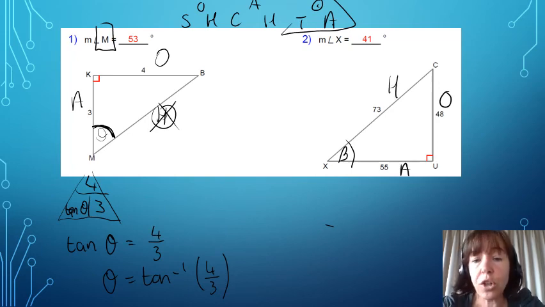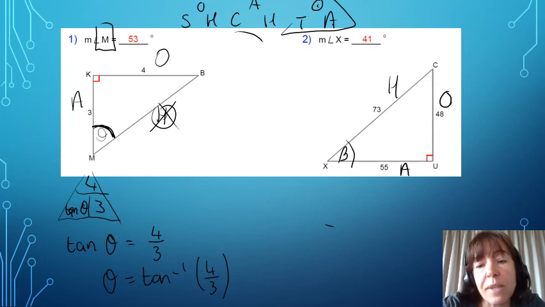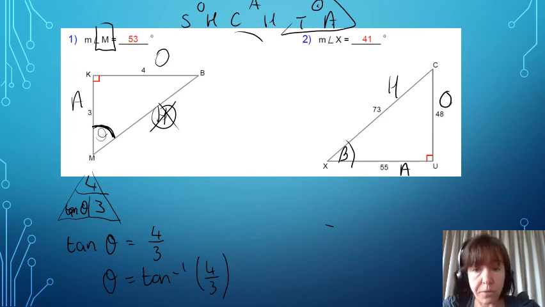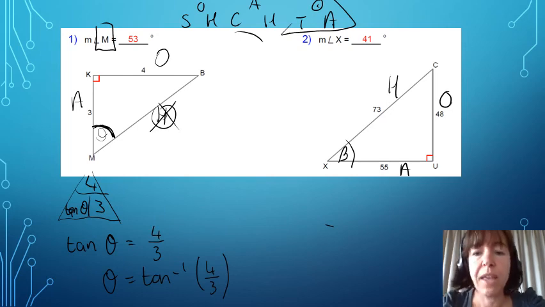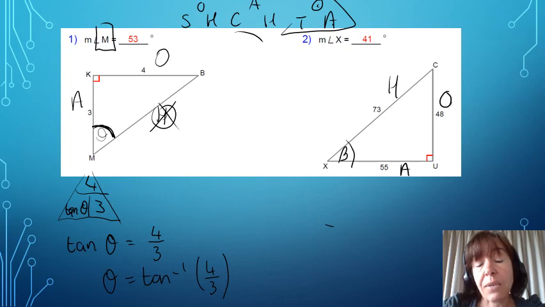So I could use sine because I've got my opposite and my hypotenuse. I could use cos because I've got my adjacent and my hypotenuse. And I could use tangent because I've got my opposite and my adjacent. So because I've already used tangent, I'm going to use a different one. I quite like sine, just because, I don't know why. You can try it with cosine and see if you get the same answer as me.